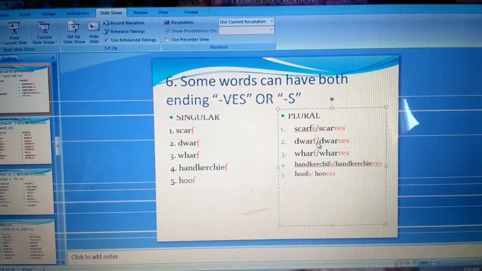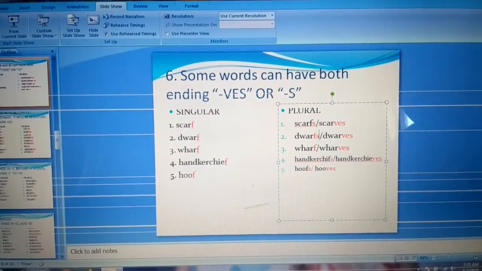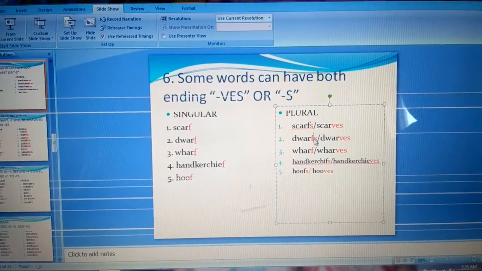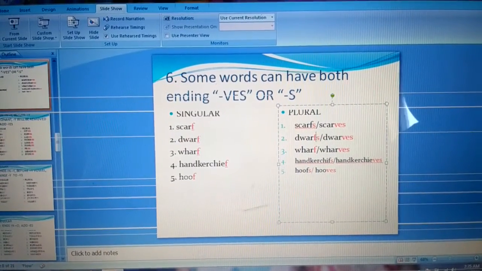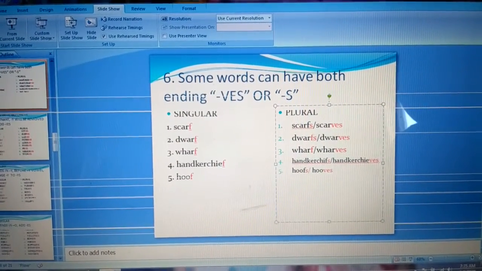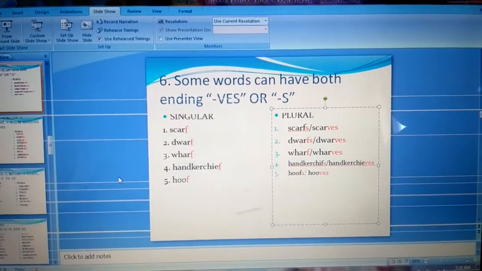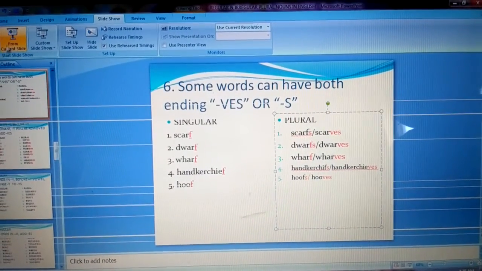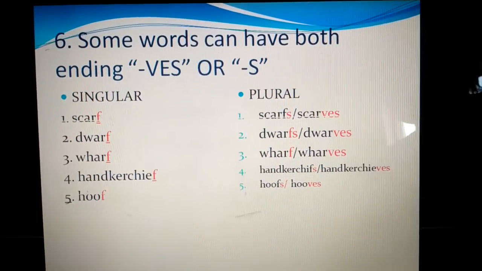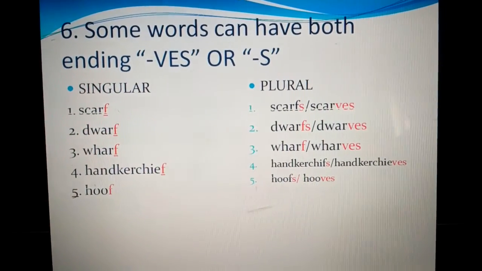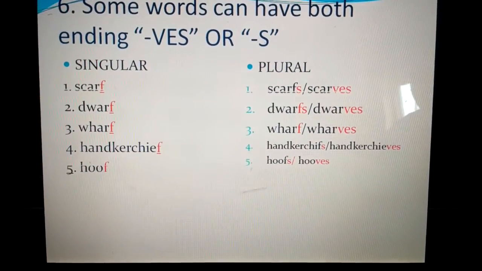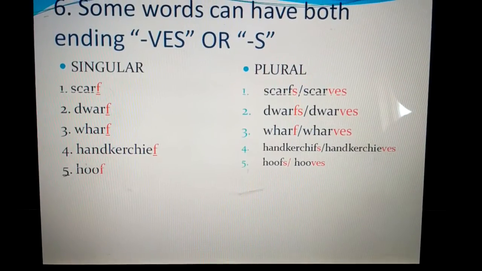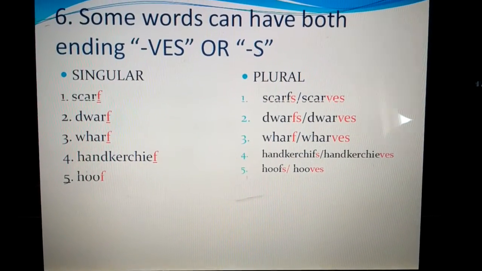Here add s. Dwarfs and dwarves. Then dwarf, dwarfs. Here also same. Sorry for my mistake.